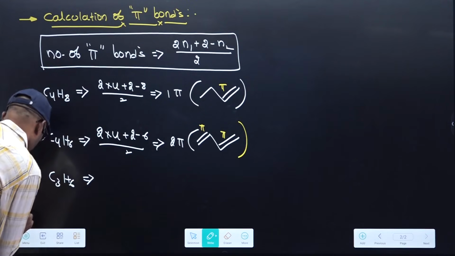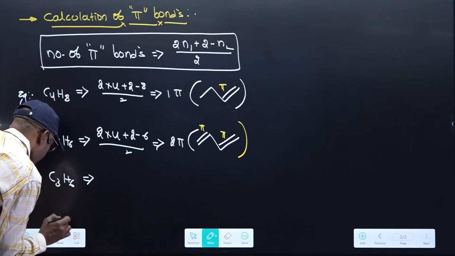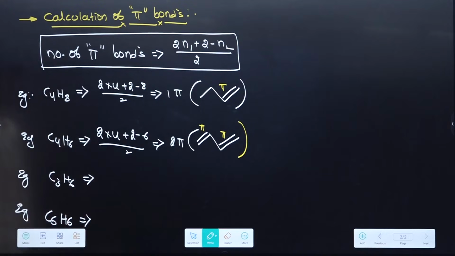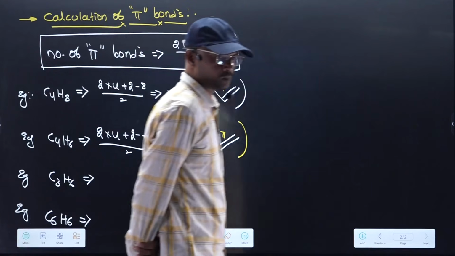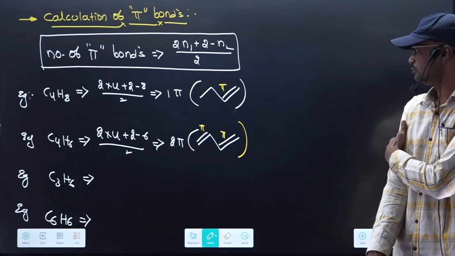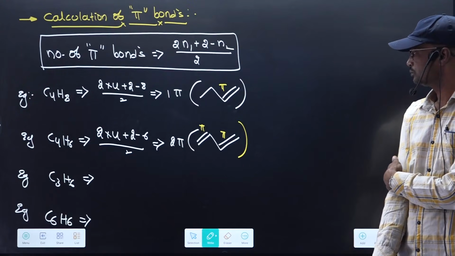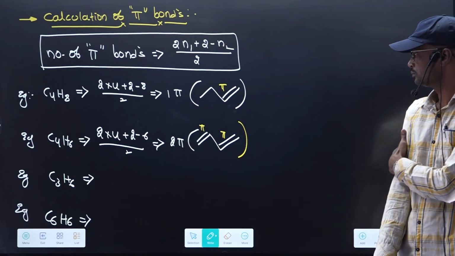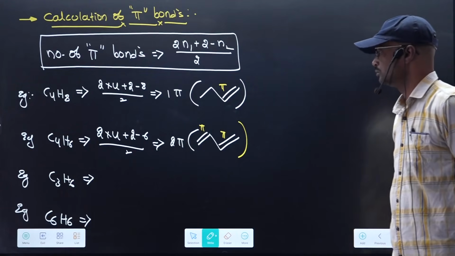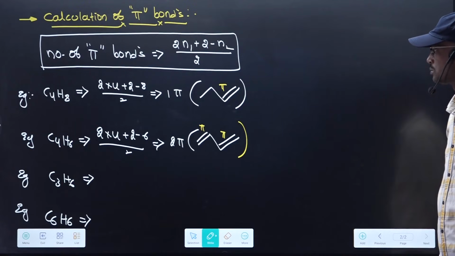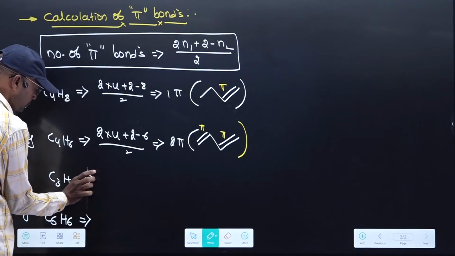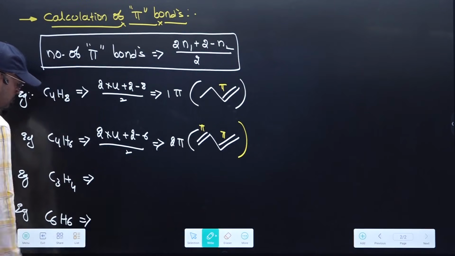C3H6. C6H6. Right, C3H4 you write better, because it is very easy to calculate.